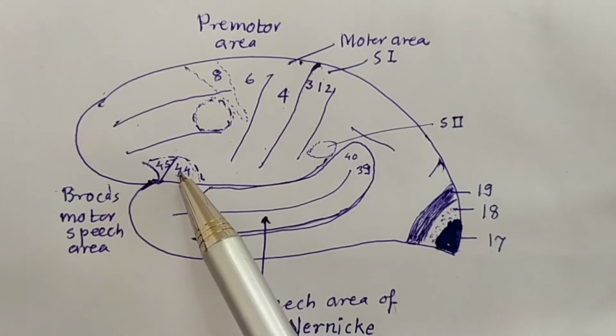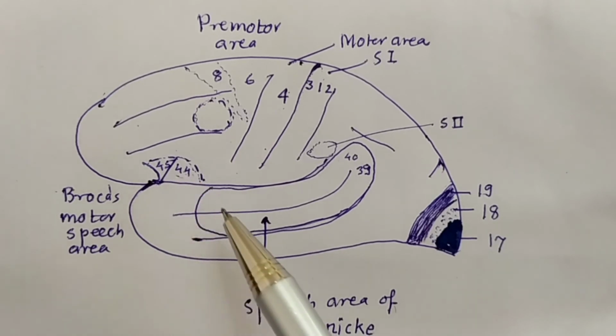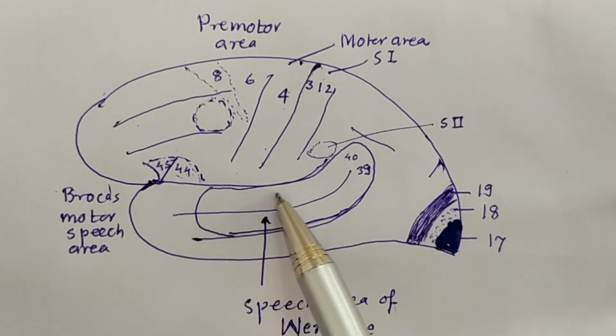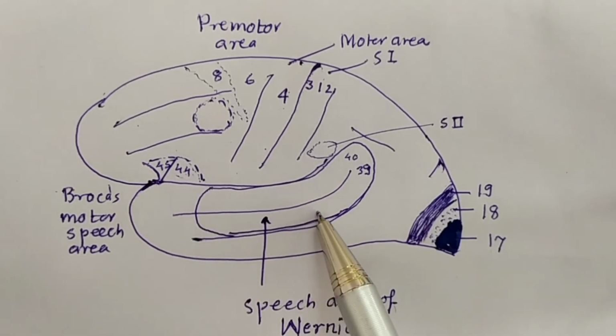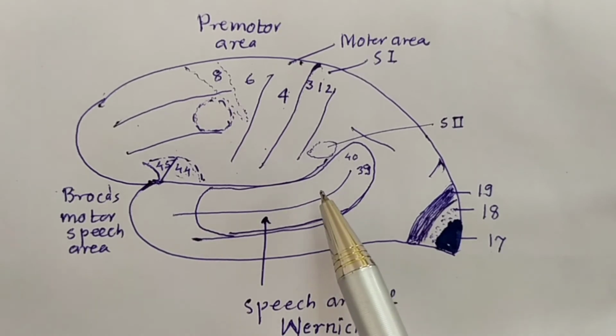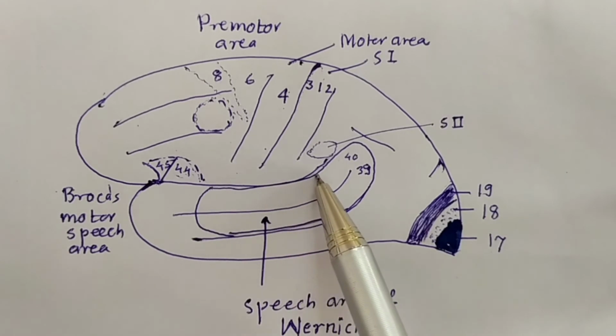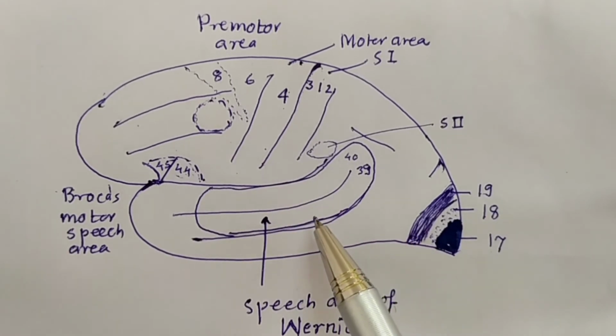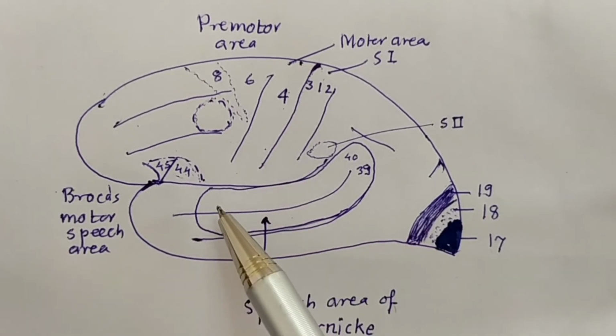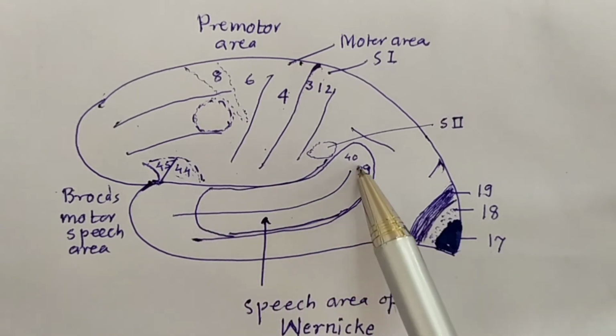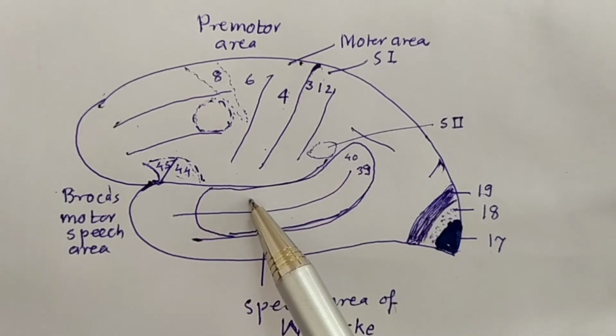There are other speech areas in the superior and middle temporal gyri extending into the inferior parietal lobule. This is the speech area of Wernicke. This is the sensory speech area of Wernicke.